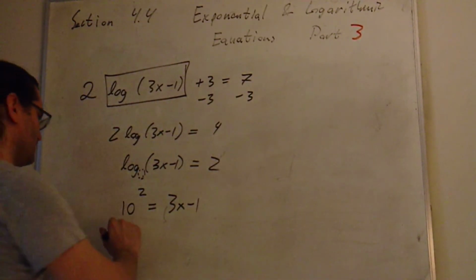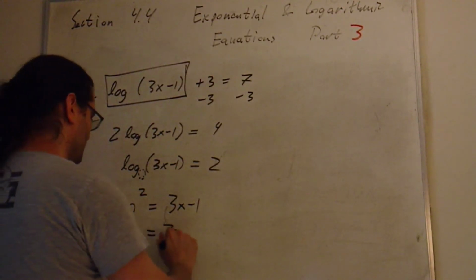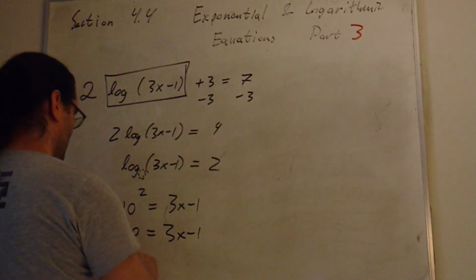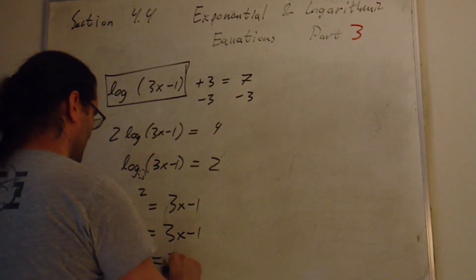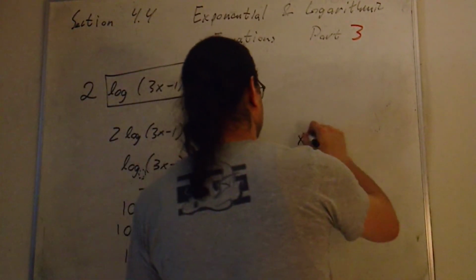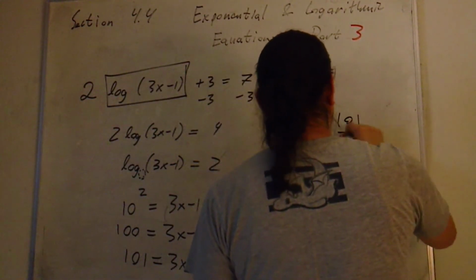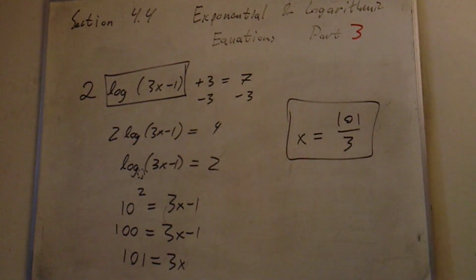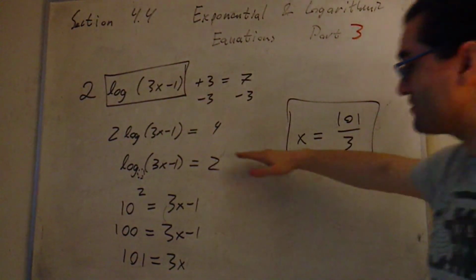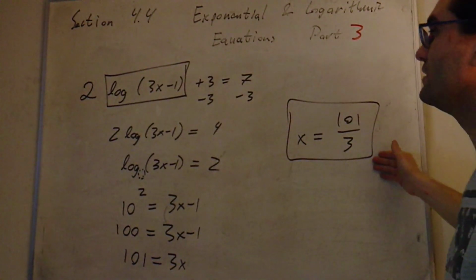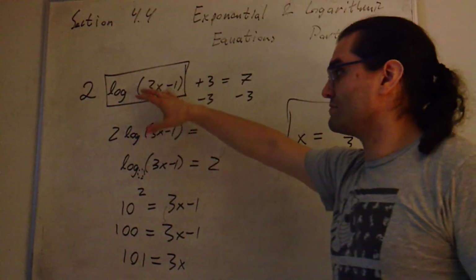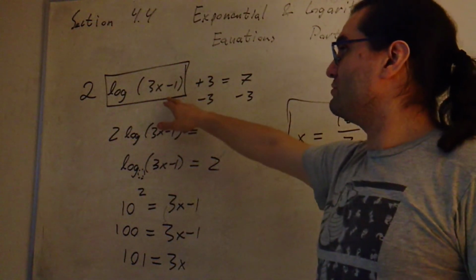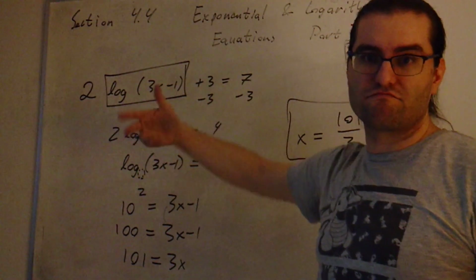So 100 equals 3x minus 1. 101 equals 3x. And x equals 101 over 3. So, most of this is the same as what we've already done. Some added steps at the beginning. If you need to isolate this log, isolate the log.